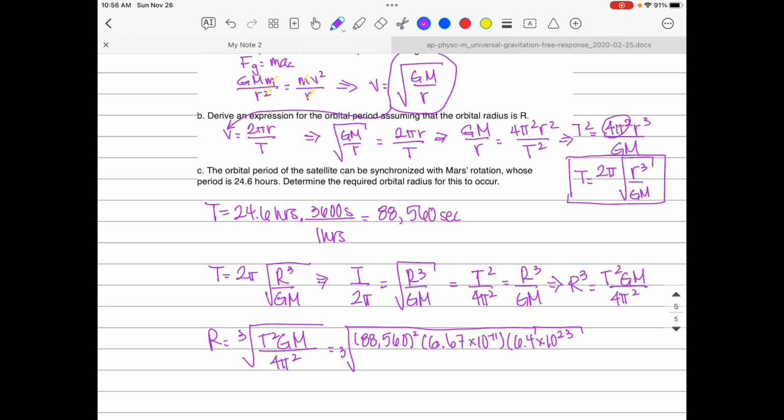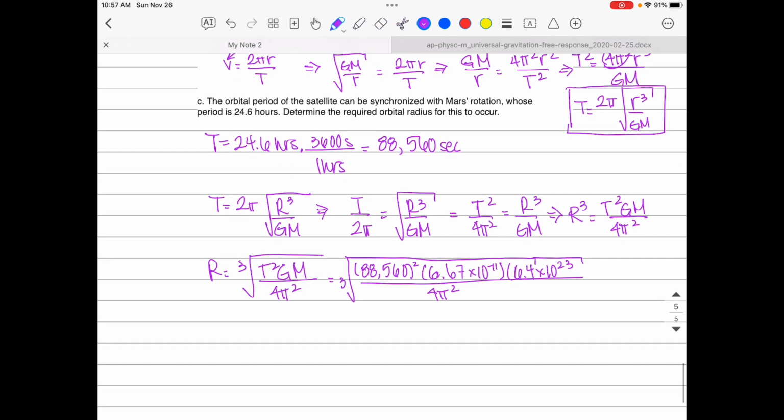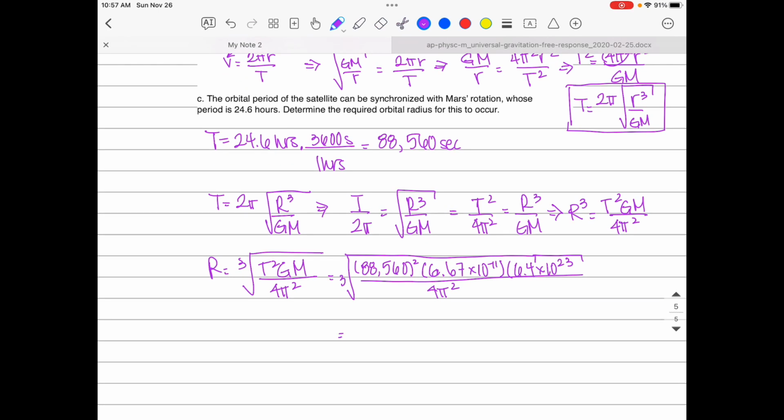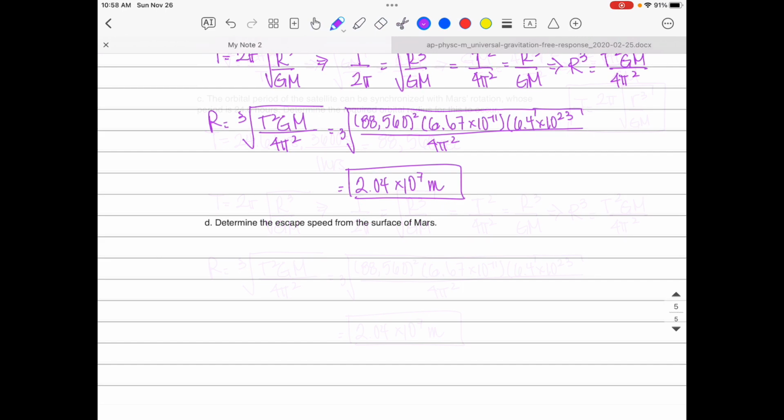And then all of that is over 4 pi squared. And then in the end, hopefully you get 2.04 times 10 to the 7 meters if you plug everything into your calculator correctly.